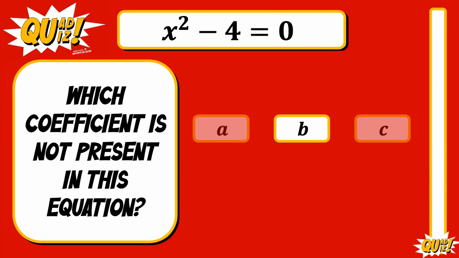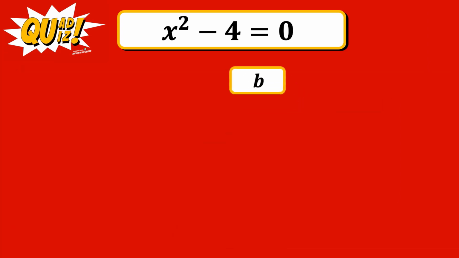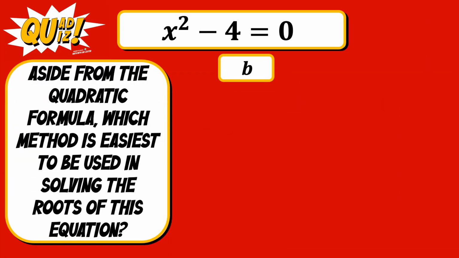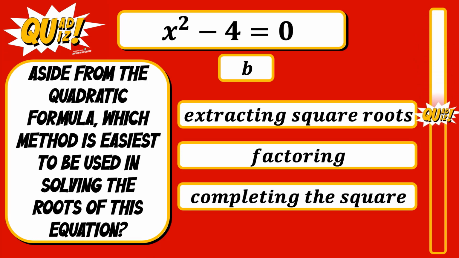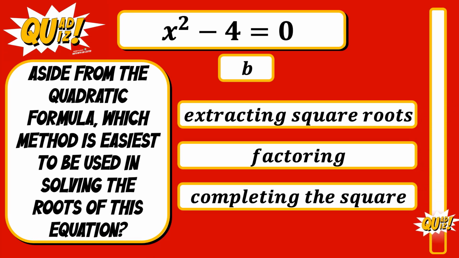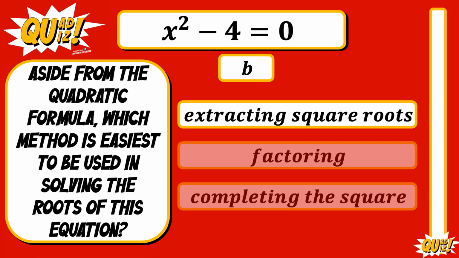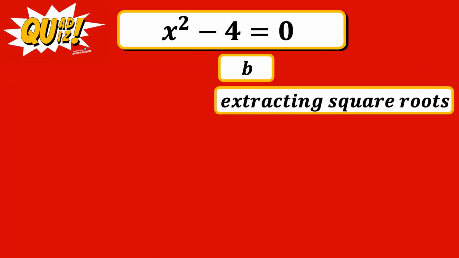And it's coefficient B. Now that we know that it's coefficient B that's not around, aside from the quadratic formula, which of these 3 methods of solving roots is easiest to be used? For this equation, the easiest is by extracting square roots.